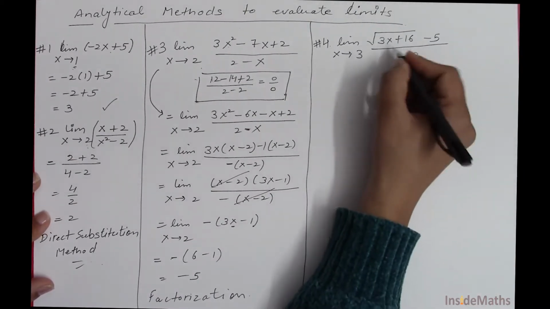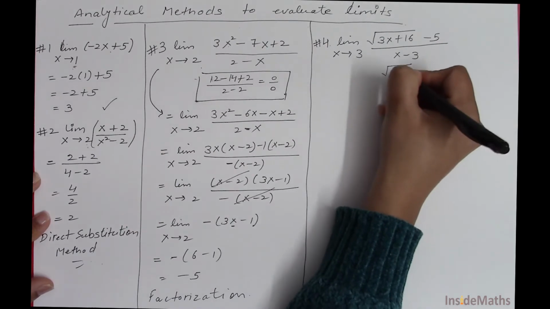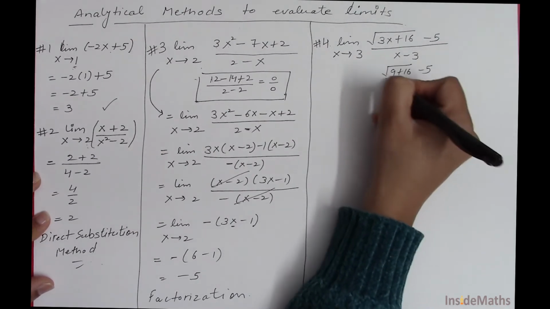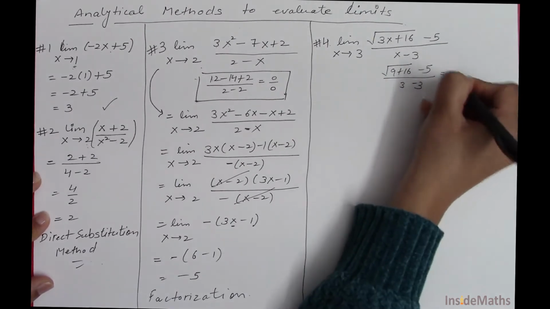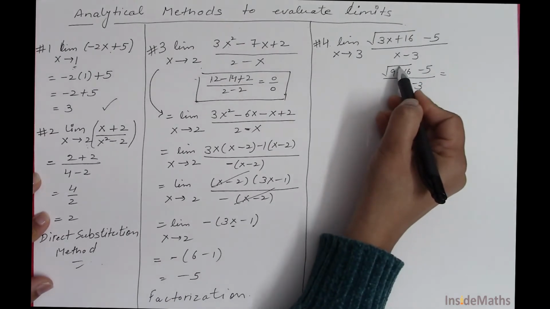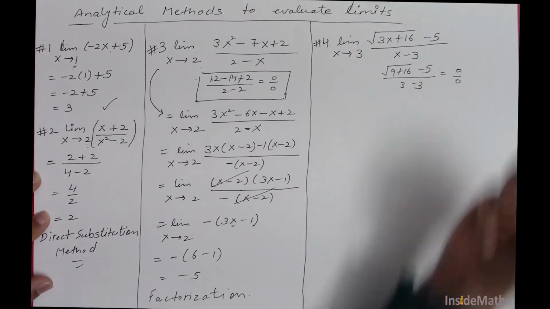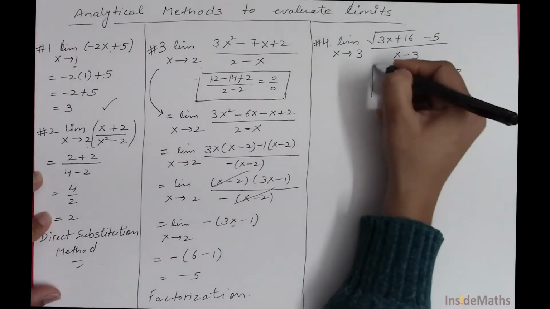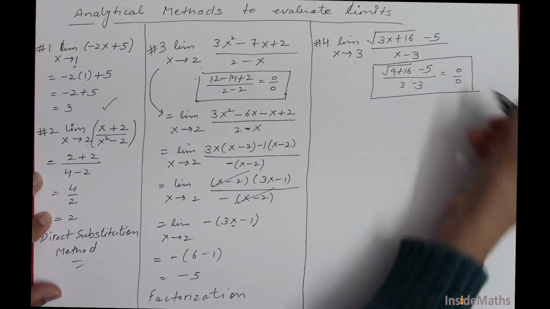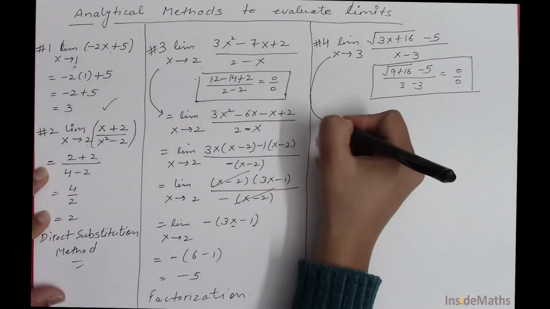So I get root of 9 plus 16 minus 5 over 3 minus 3. Root of 25 is 5. 5 minus 5 is 0 over 0. Now again, the direct substitution method fails. So what do we do?